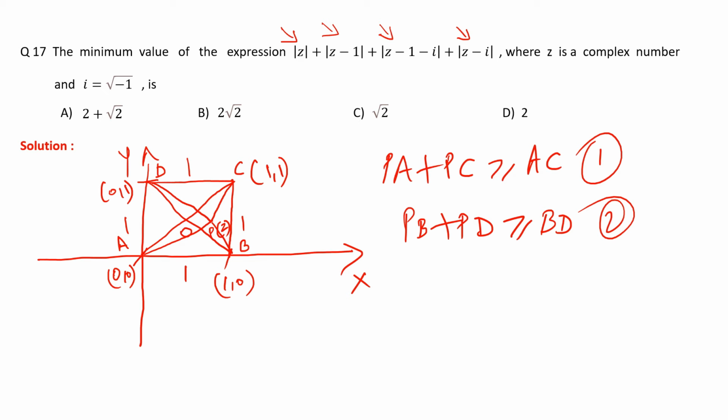Yes, this is possible at the same time when P lies on both the diagonals. That means when P coincides with O, the point of intersection, or the point of bisection of these diagonals.